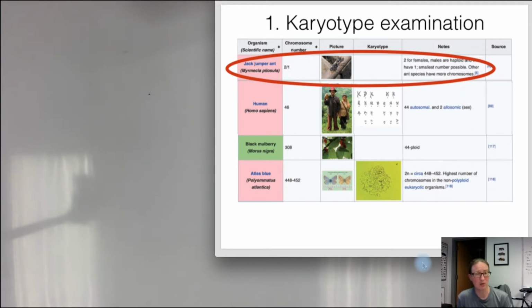That's actually true across ant species, and it's also true across bee species, and across wasps. So in all 3 groups, the females have paired chromosomes, while the males just have individually unique chromosomes. They have different total numbers of chromosomes, but that general pattern is consistent.